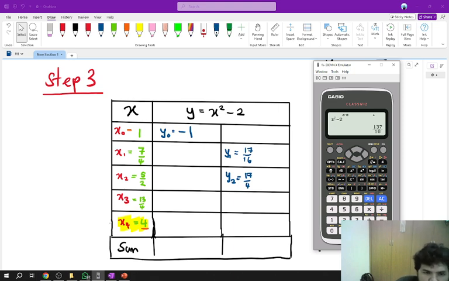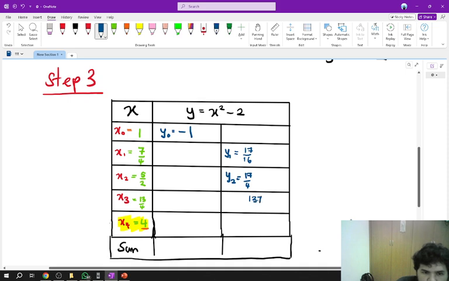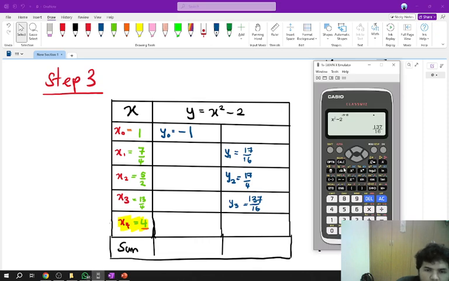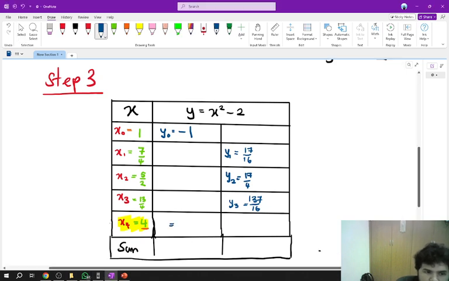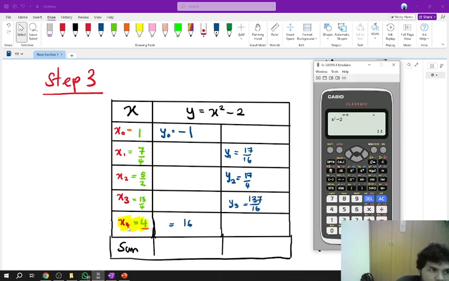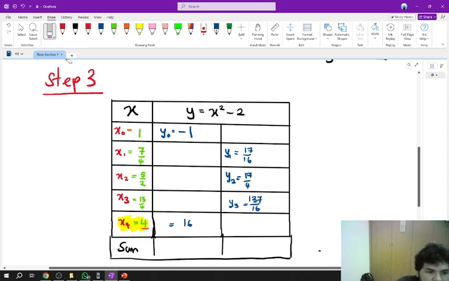So we get 137 over 16 for the value of y3. And the last one, y4, we insert the value of x4, which is 4, confirm, equal, we get 16. Sorry, 14, my bad. So y4 is equal to 14.